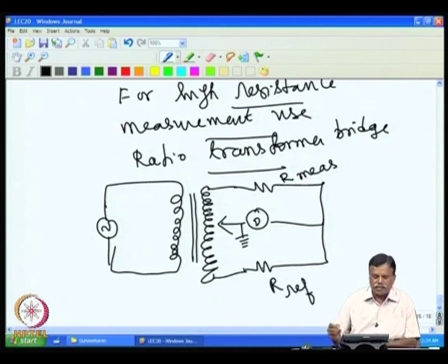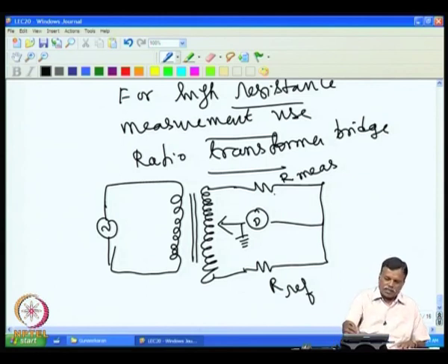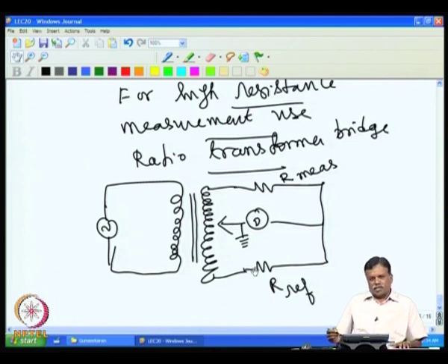This is a fixed reference resistance that is to be fitted here, and this is the resistance which is to be measured, that is to be connected here. So, we have to measure the resistance R accurately using this, and this technique is very popular, and it measures high resistance also accurately.